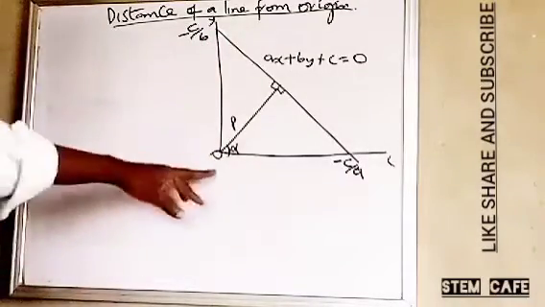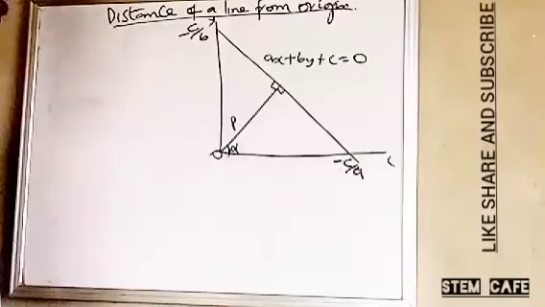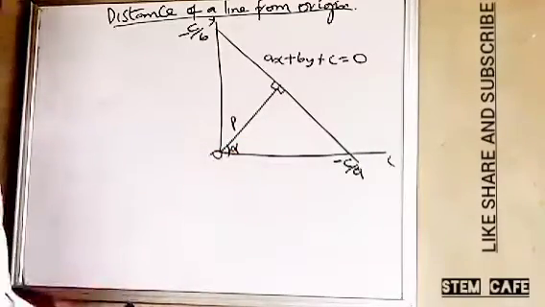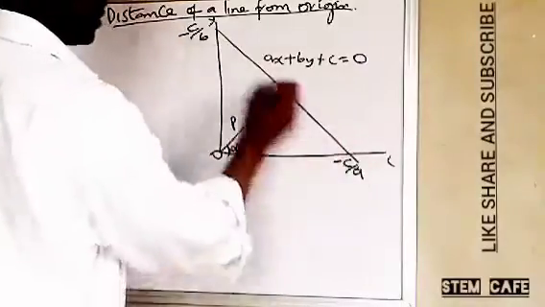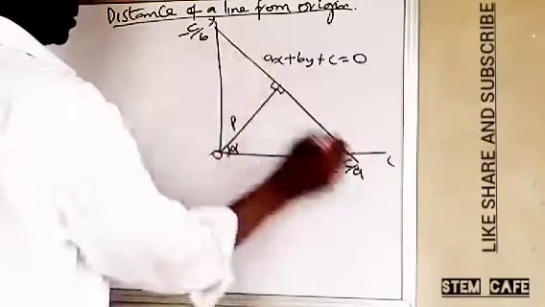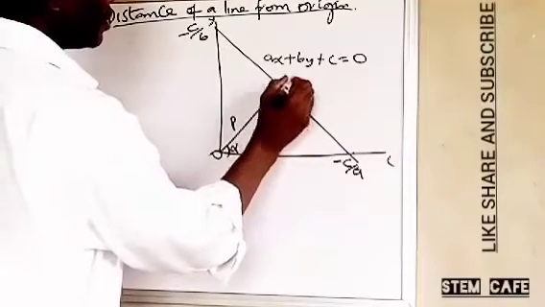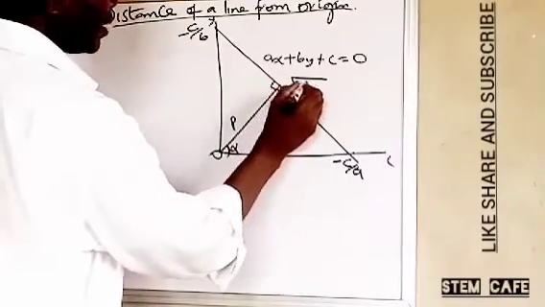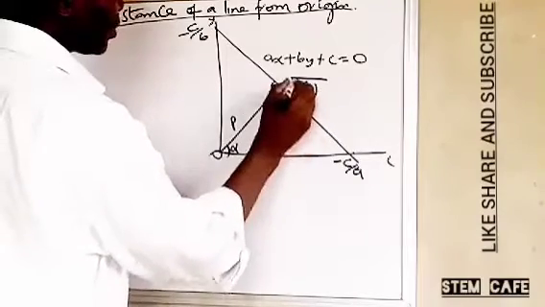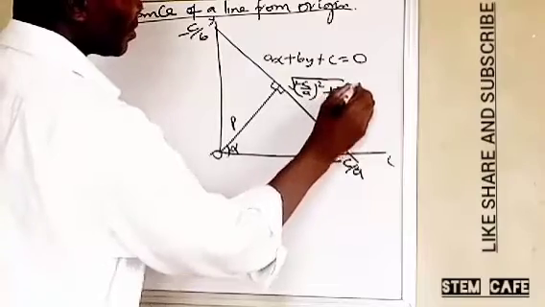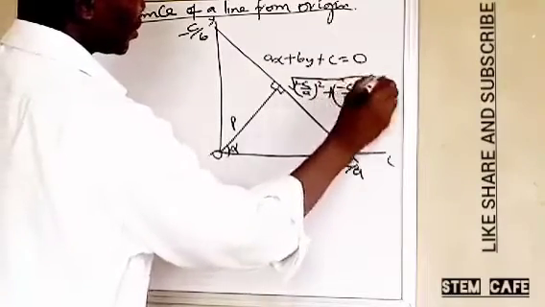So I can get my distance from here and here. I can also get something at the same time. The length of the intercept is going to give me minus c over a squared plus minus c over b squared, all under a square root.